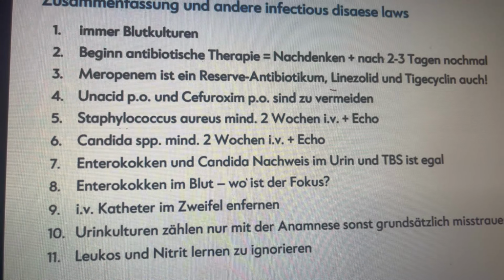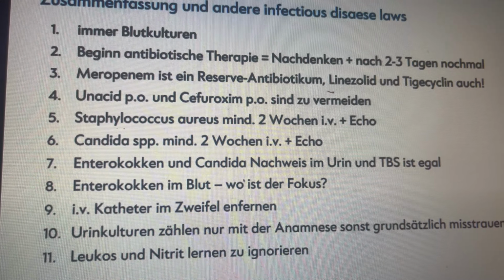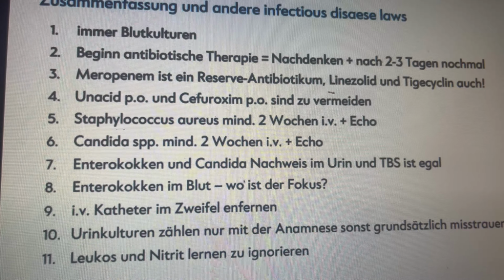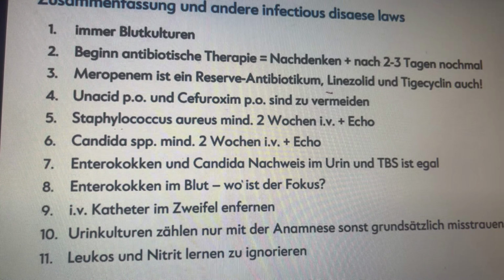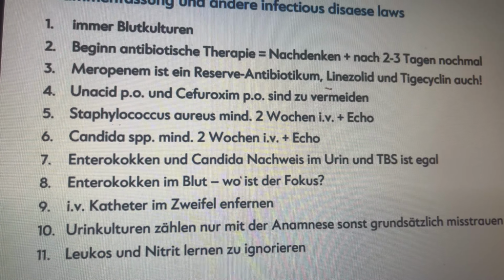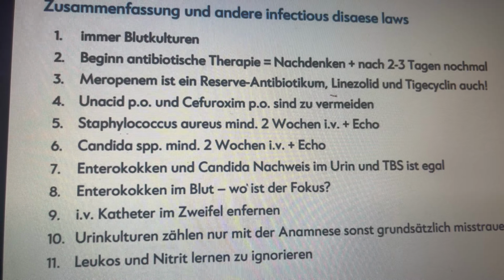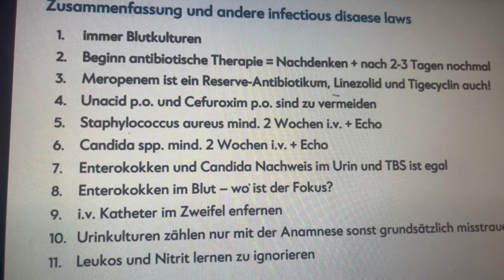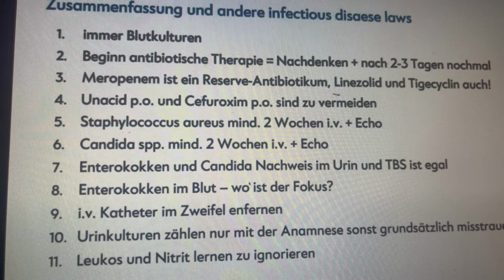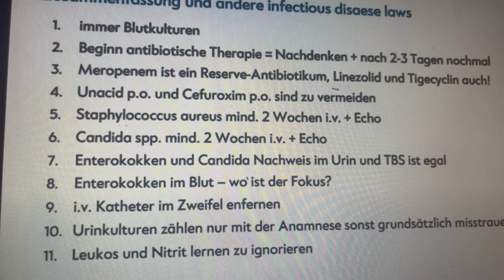On the other hand, if we have Staphylococcus aureus infections, then antibiotics intravenous for at least 2 weeks is recommended, and even echocardiography or transesophageal echocardiography to rule out endocarditis. And with Candida infections, 2 weeks of intravenous antifungal therapy is recommended, and even echo is recommended.